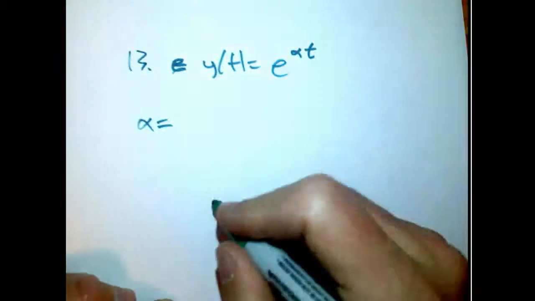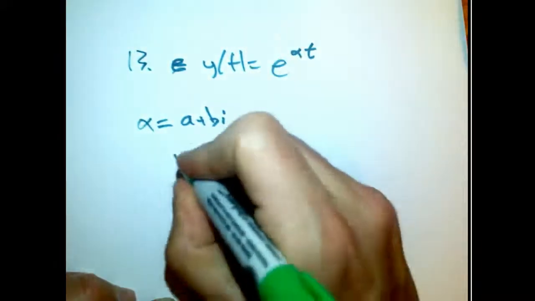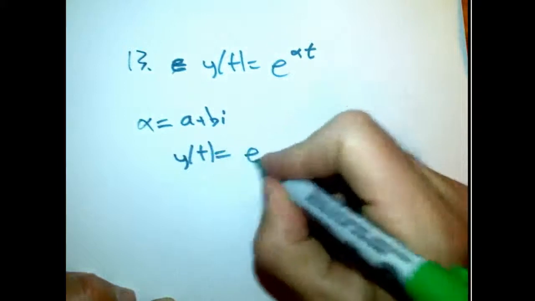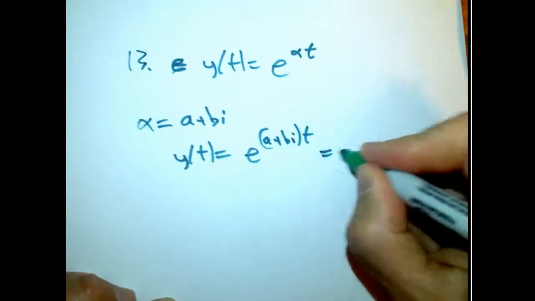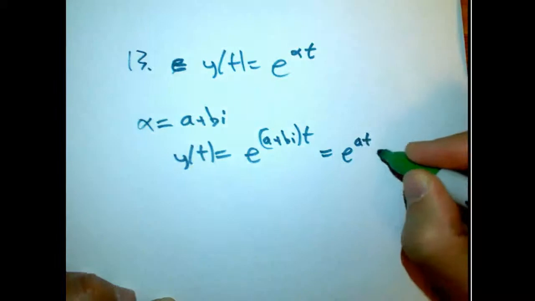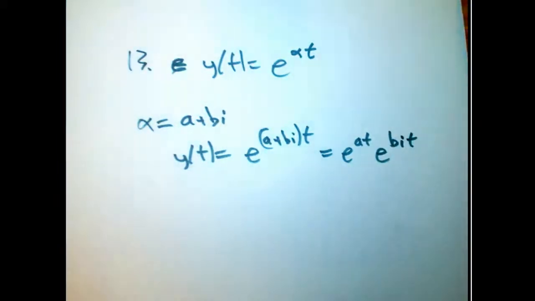Let's say alpha is a plus bi, so y of t is e to the (a plus bi) times t, and again I'm using that fundamental property of the product of exponentials.